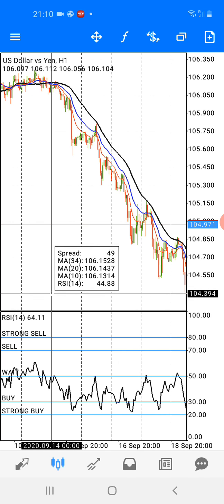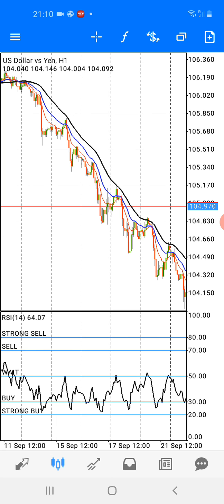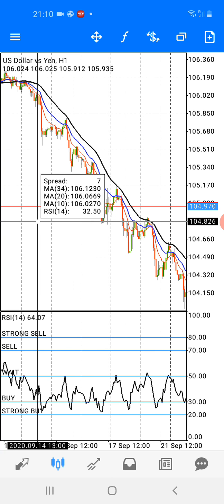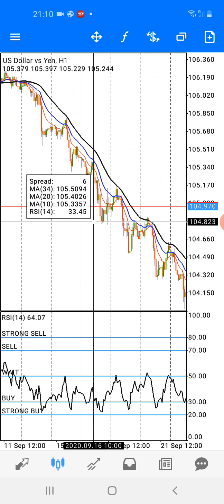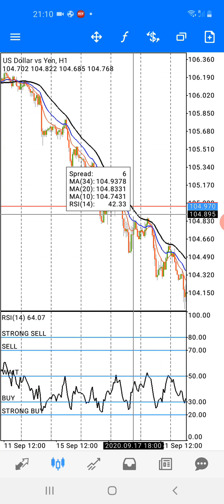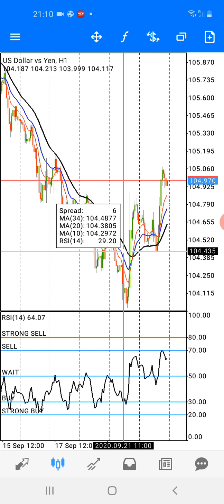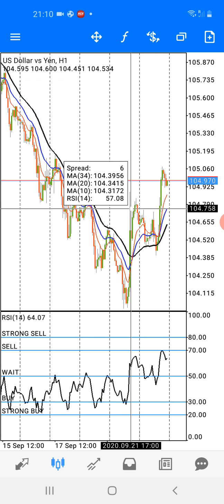And the trend, of course, lasted for how many days? This is day 1, day 2, day 3, day 4, day 5, and of course, this is day 6, when it reversed back.